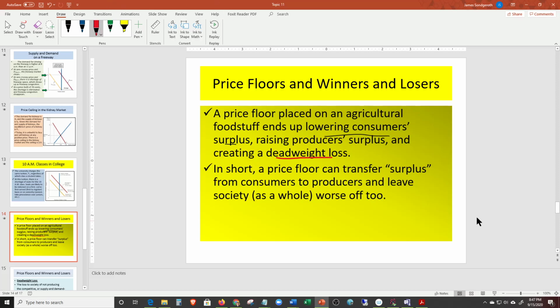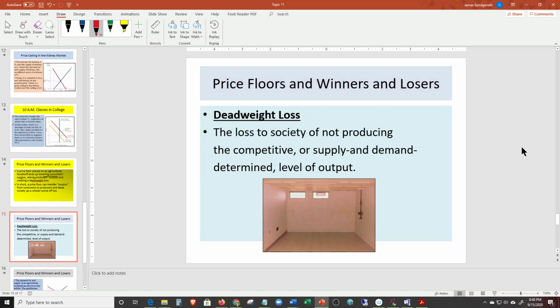But anyway, I would like to talk about this problem of people being overweight in America, and this whole thing about the agricultural support system, which they don't talk about here or in the textbook. So they do want to talk about how price floors for agricultural goods create a deadweight loss. So let's take a look. What is a deadweight loss? A loss to society of not producing the competitive or supply and demand determined level of output.